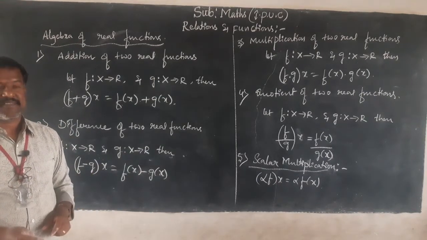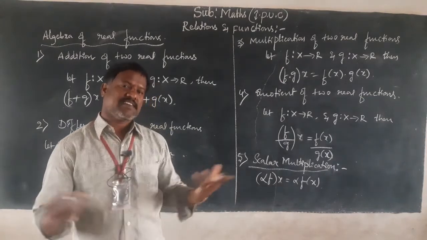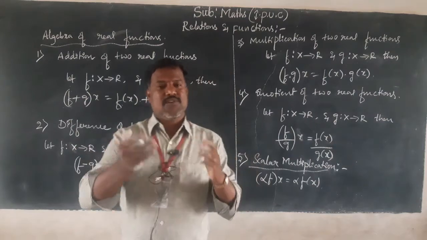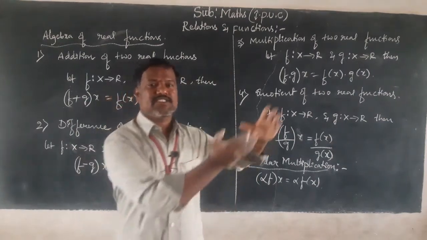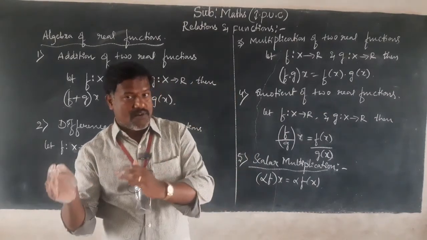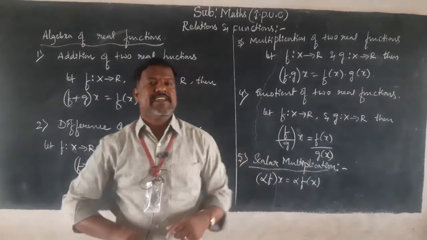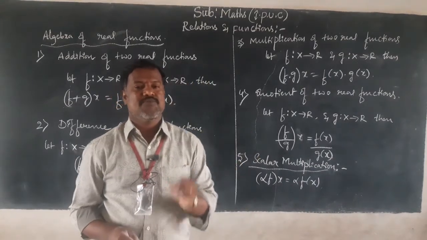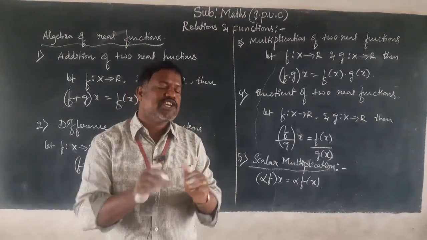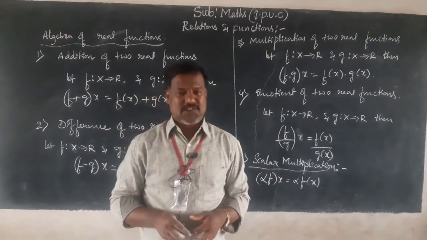The next one is multiplication of two real functions. Here also it's very simple. For f of x and g of x, the multiplication we represent as f into g of x, which is equal to f of x into g of x.